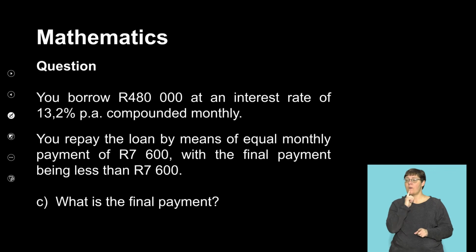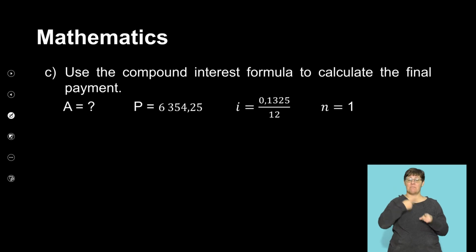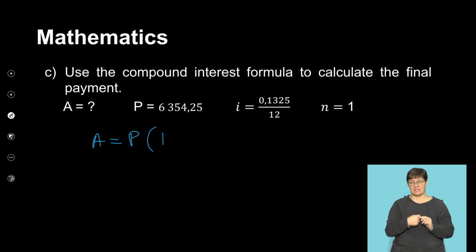And then they say you repay the loan by means of equal monthly payments of 7,000, with the final one being less than that. What is the final installment? The final installment, you use the compound interest formula to do that, right? So this will be A equals P into (1 plus i) to the exponent of n.